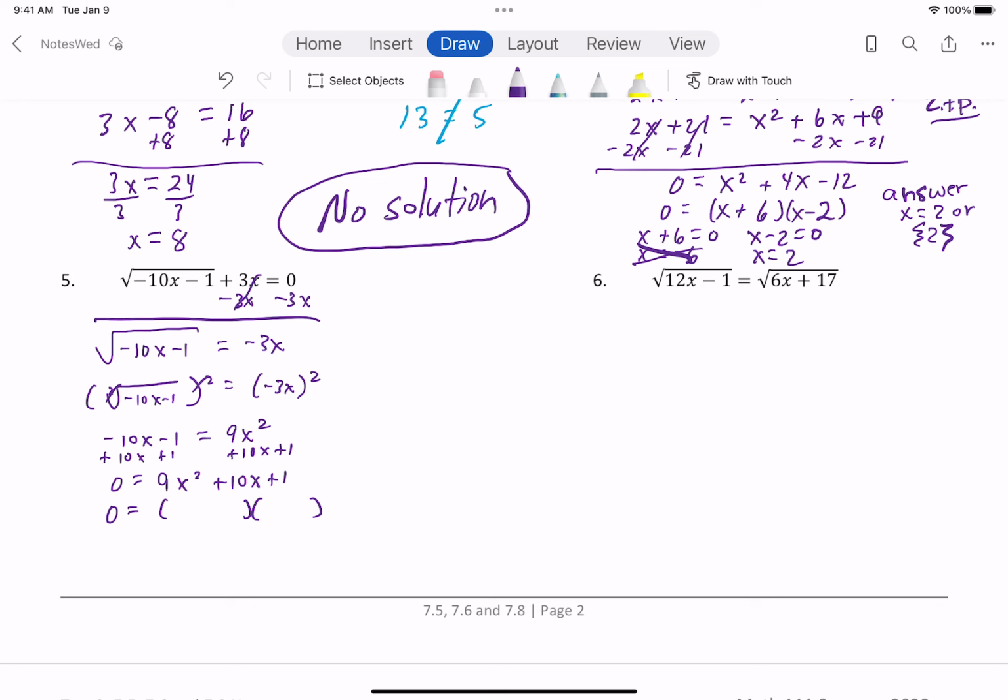Now my a is not 1, so you can certainly do factor by grouping. But if you look at the numbers for this one, we can kind of tell. If I need factors of 9 that make 10, then we're going to need this to be 9x and this to be x. And the only thing that will make 1 is 1 times 1, right? And then both of these will need to be plus.